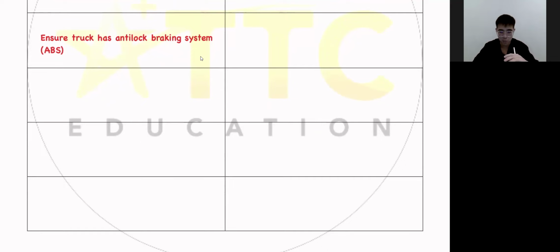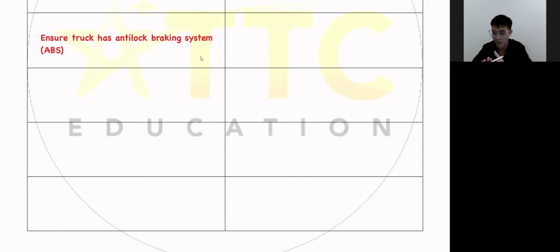A car stops because when you apply pressure onto the brake pedals, the brake pedals will transfer the pressure and lock the car tires. So when the car tires don't rotate, that's how the car stops. But of course, that is actually very dangerous, because when you lock the car tires, the car will still continue moving because of the inertia of the car.